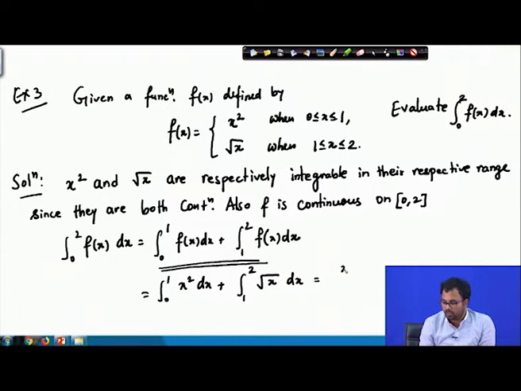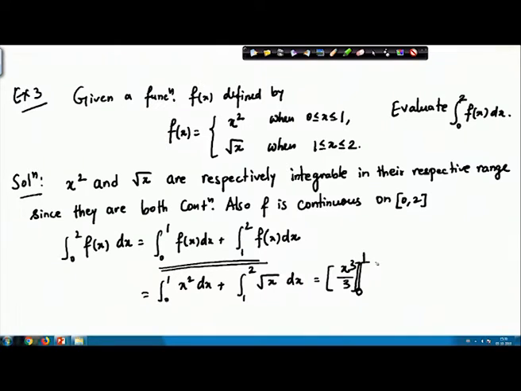So this will be x cubed by 3 from 0 to 1, plus this will be x to the half, so it will be 2 by 3 times x to the power 3 by 2, from 1 to 2.